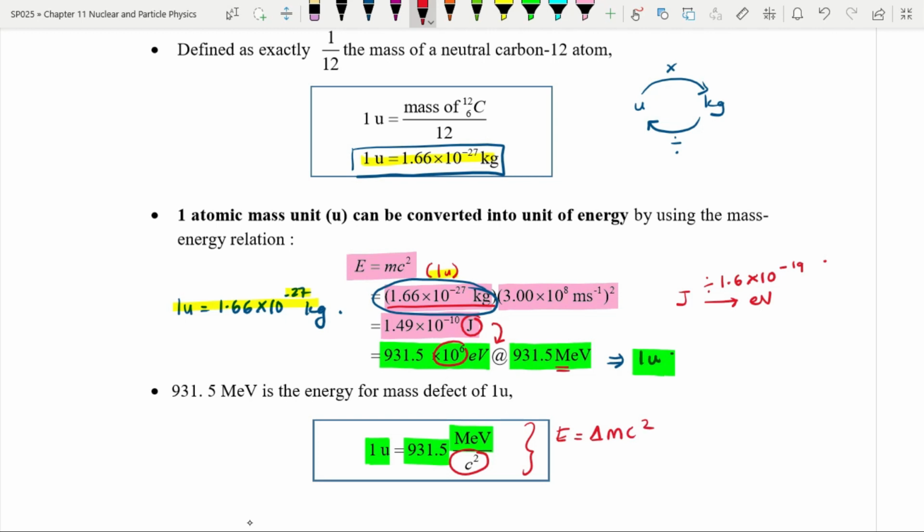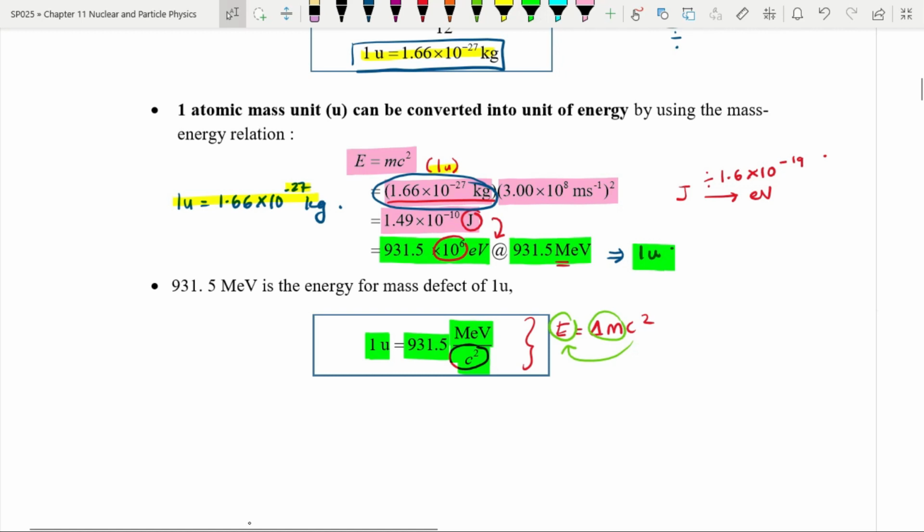Kita nak jadikan kita punya delta M dengan energy ni sama dia punya unit. So kita pindahkan C square dekat bawah. So unit bagi energy tadi dia akan jadi MeV over C square. Okay, so apa yang korang kena ingat, 1 U of mass is equivalent to 931.5 MeV over C square. Okay, energy dia banyak mana?